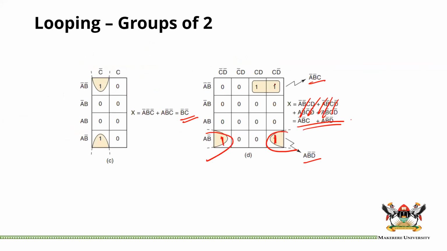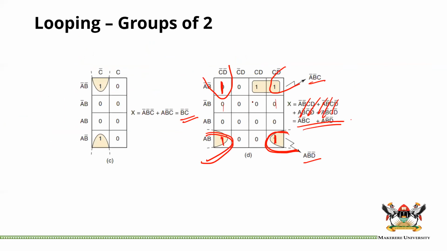It's because this line is adjacent to that. If we actually had another one here, then we could make one loop of 4. And I think we did it earlier. We saw a loop of 4 where the ones were in those corners. However, I said that if you have this, let's say you have 4.